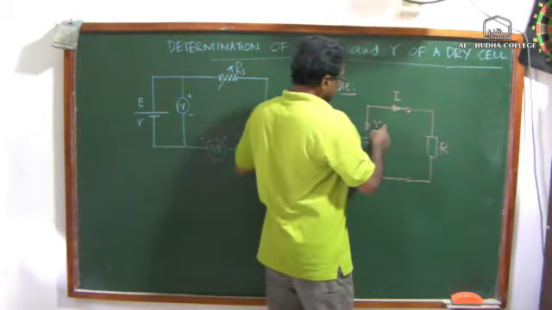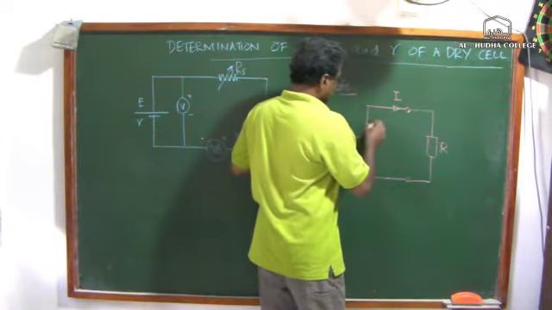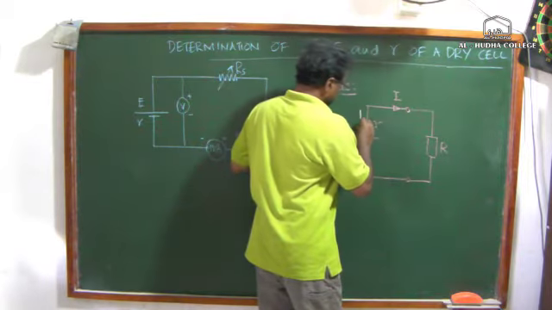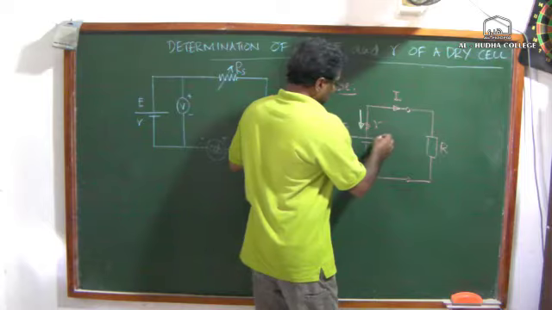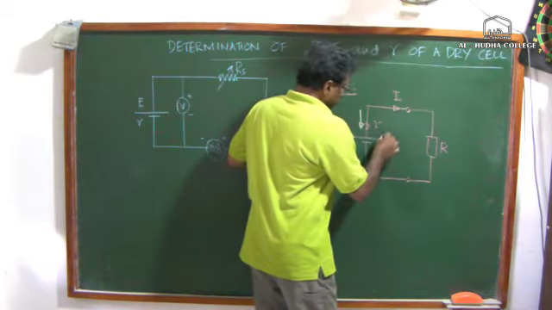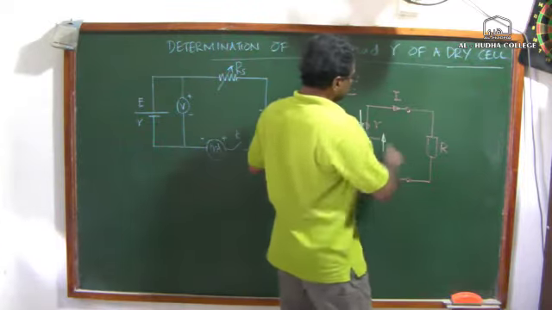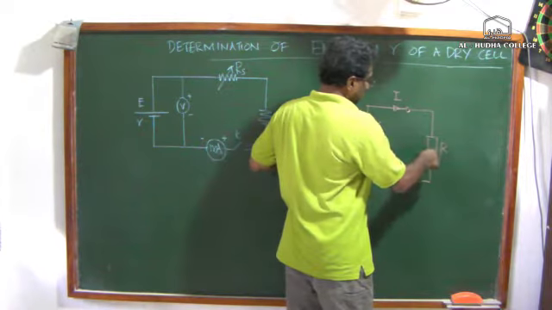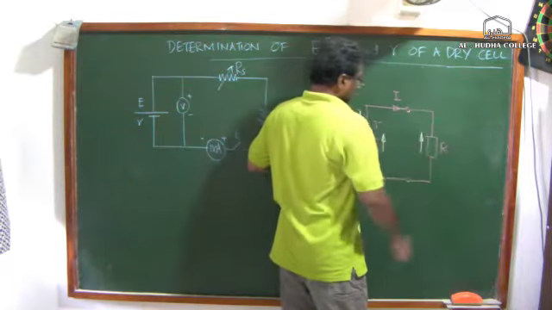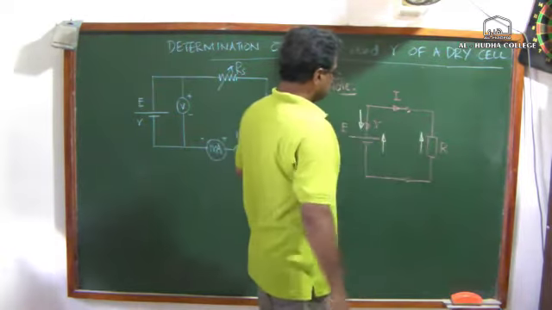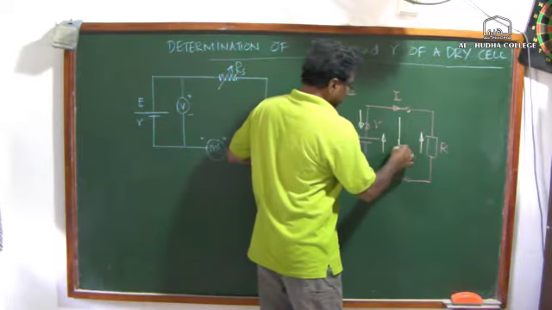That will be against the current, so the voltage drop here will be in the opposite direction to the electromotive force. Then when I is flowing through R, again there will be a voltage drop. That is also opposing the current, and this is called the terminal voltage, V.